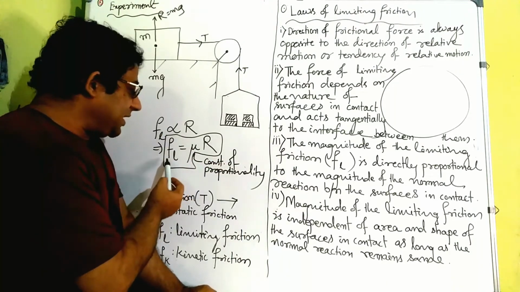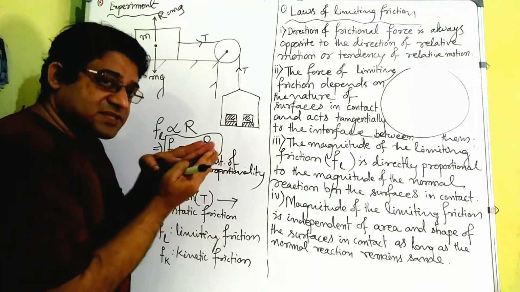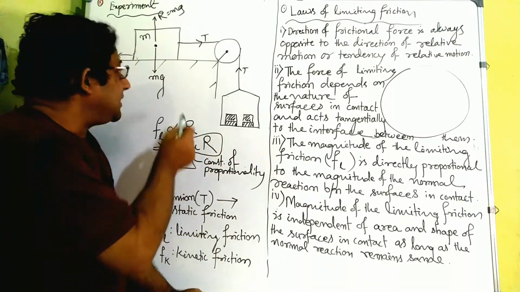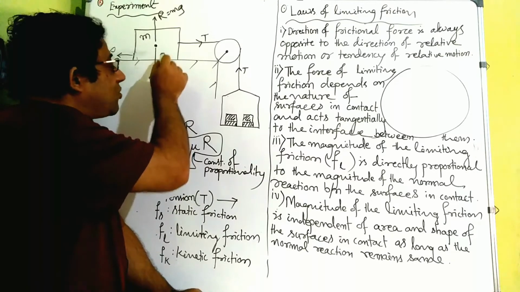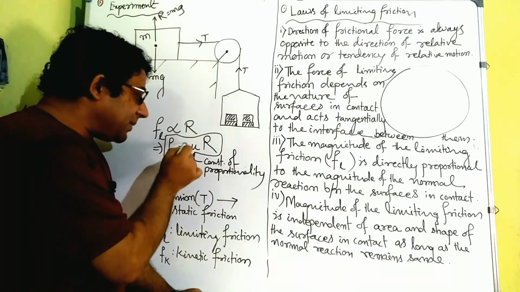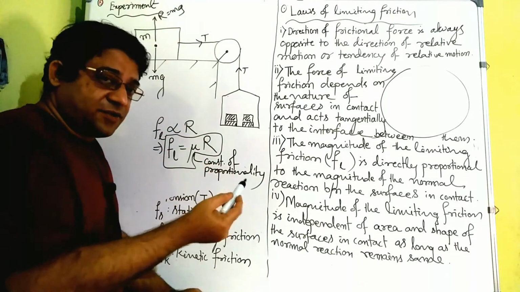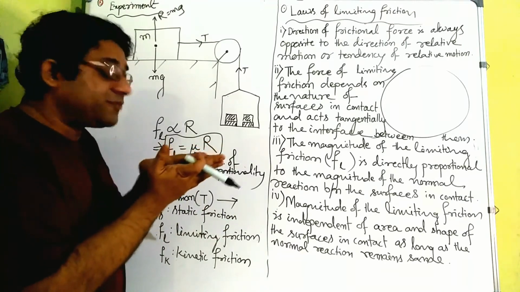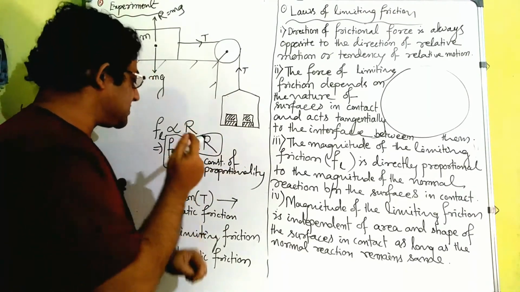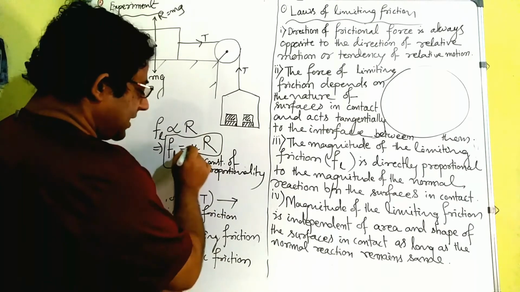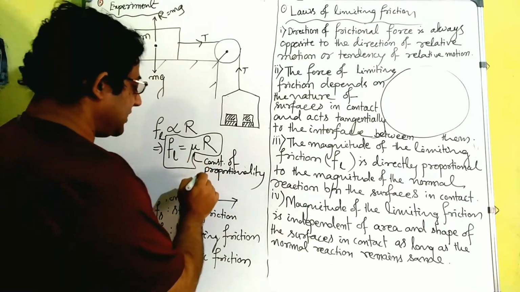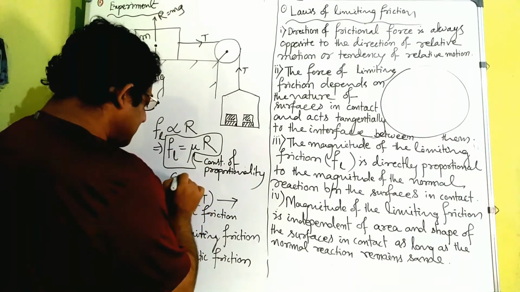And we know that the limiting friction depends on the nature of surfaces in contact, and the nature of surfaces in contact is determined by this constant. This constant varies for different natures of the surfaces in contact, and it's given a name. This constant of proportionality is given the name coefficient of friction.